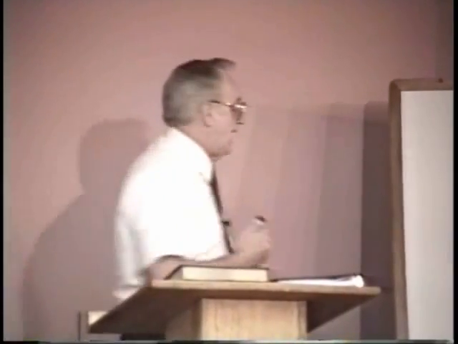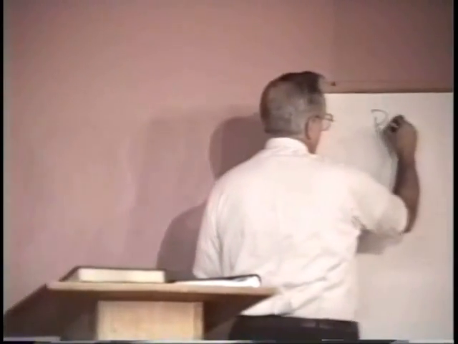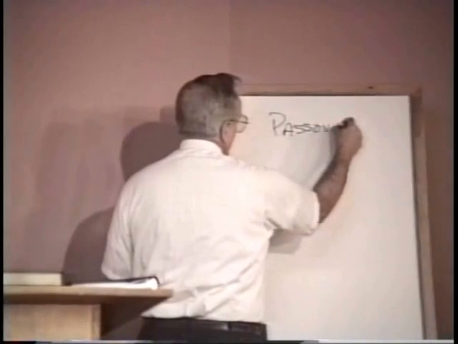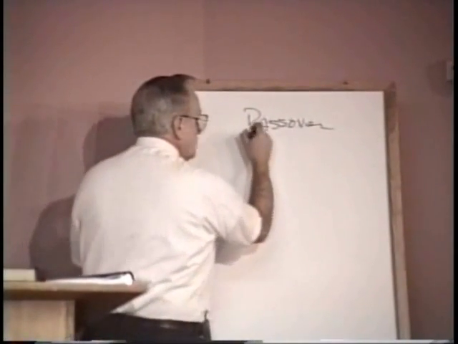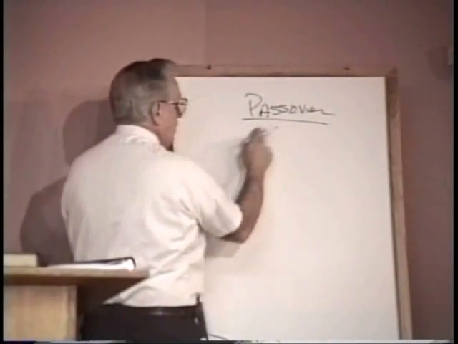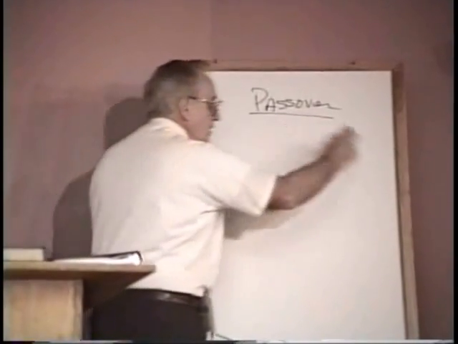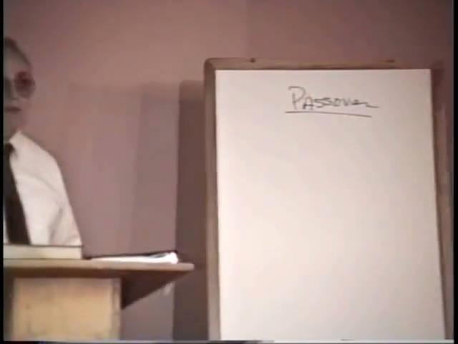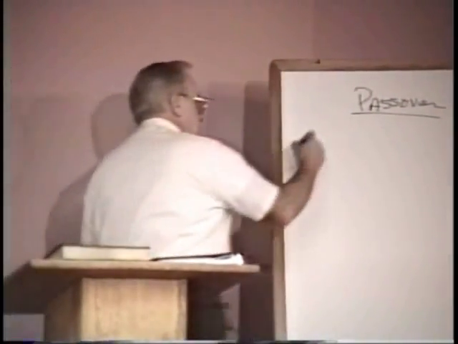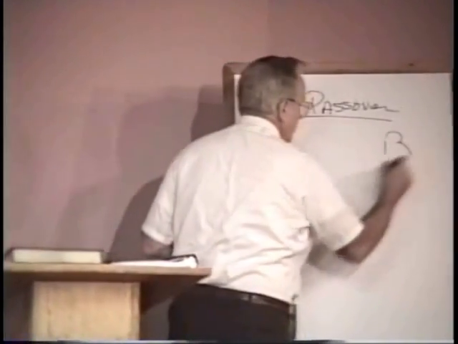But last week, as we were discussing this together, we looked at the Passover, and this is the critical thing here. The Passover is an extremely critical thing because it's talking about the Passover from one condition to another. Inside of you, you pass over from the left side of the brain to the right side of the brain.